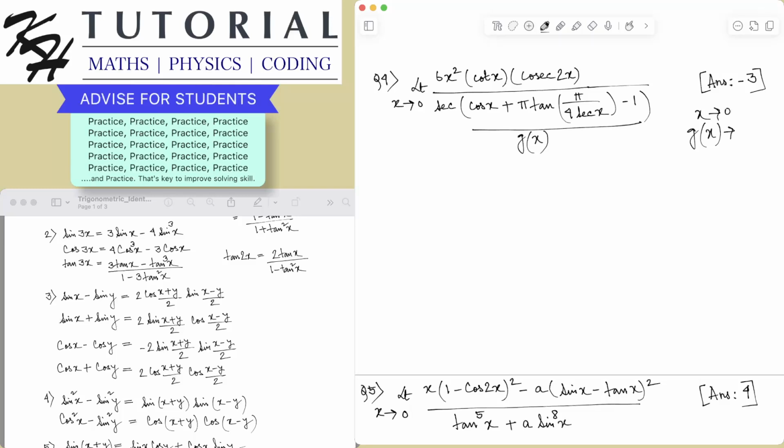Cos x will be tending to 1, not 0. So the first term is 1, plus pi times tan of pi by 4 sec x.